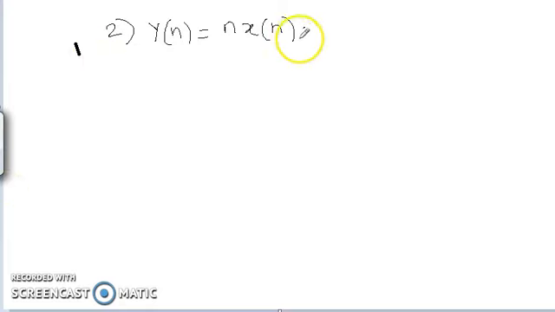So, the second example I am going to take is example number 2: y[n] = n x[n]. We are going to observe whether it is a linear system or not, and then time variant or not.